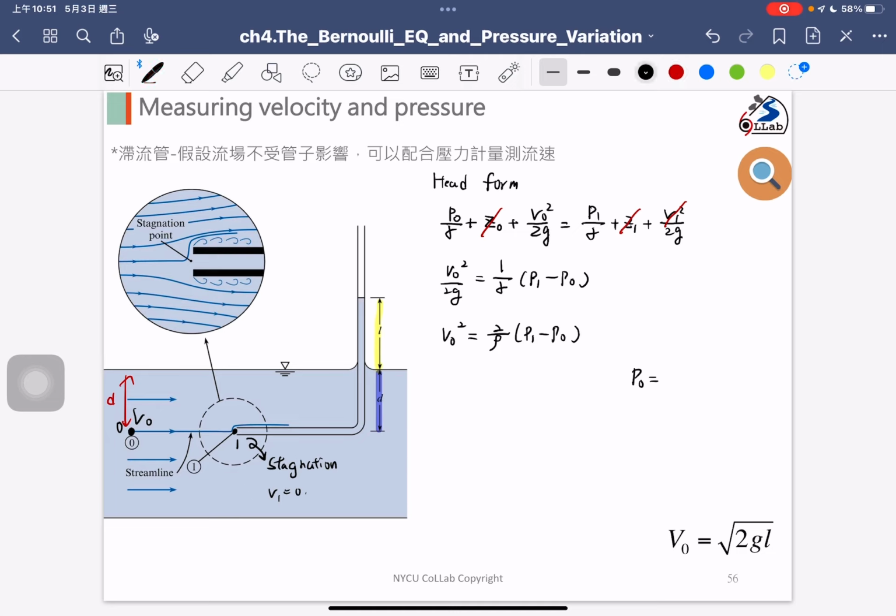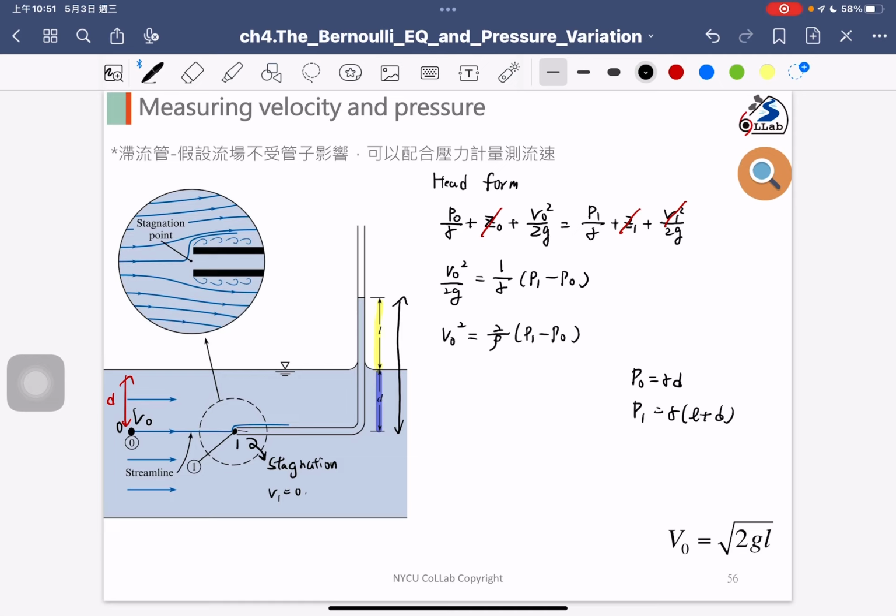So we know that P0 is equal to gamma D, okay? So what's the P1 pressure? Because the P1 is connected to the tube, the total length for the P1 pressure is equal to gamma times L plus D, right?